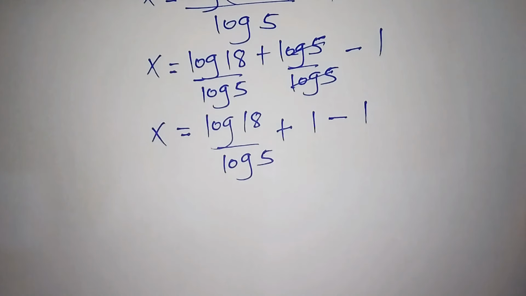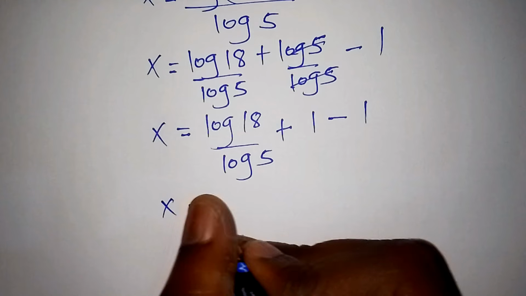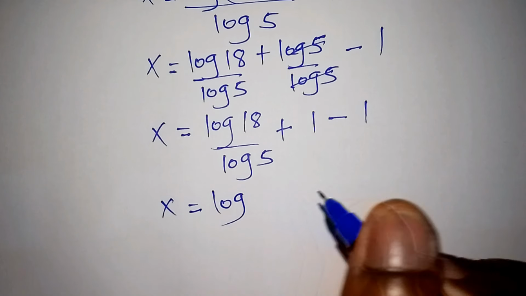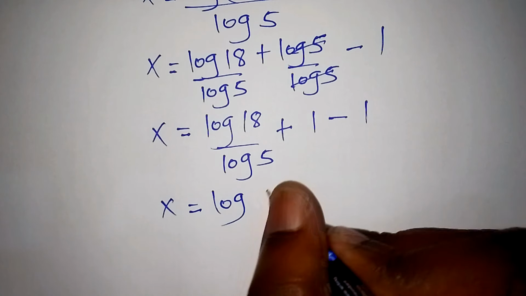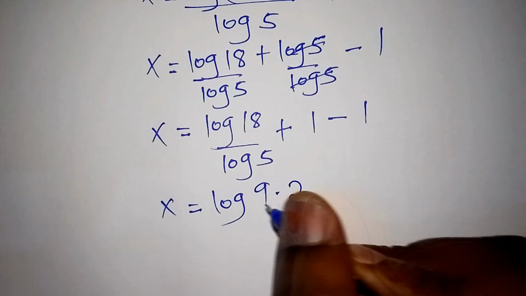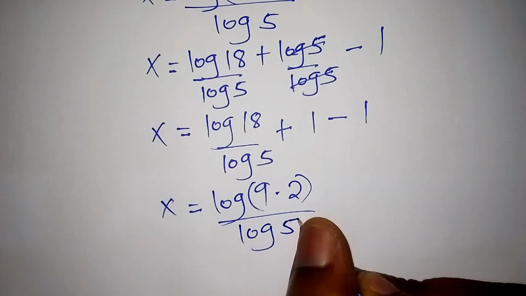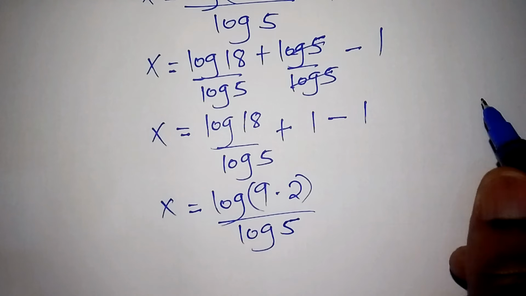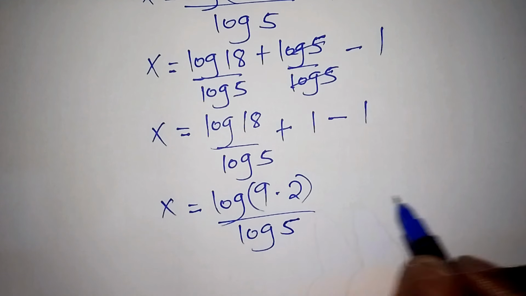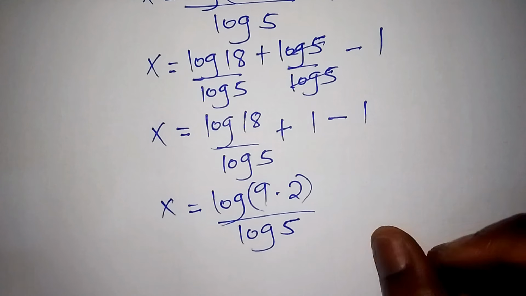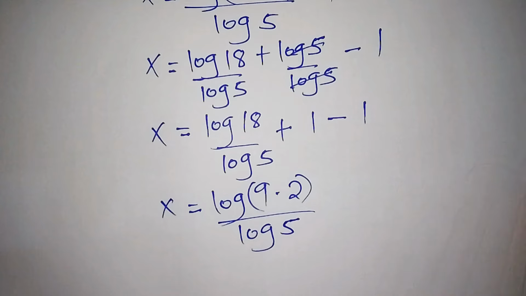So next our x is equal to, so log 18 we can still write as the log of 9 multiplied by 2, all over the log of 5. Then 1 minus 1 is 0, so it shall remain like this. There is no need for us to write plus 0.